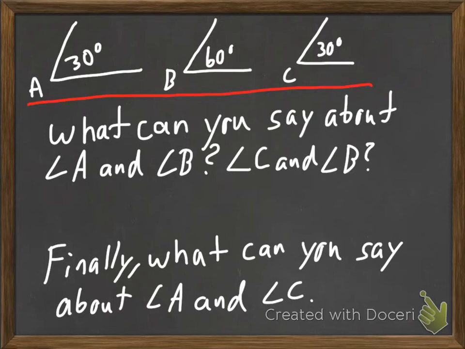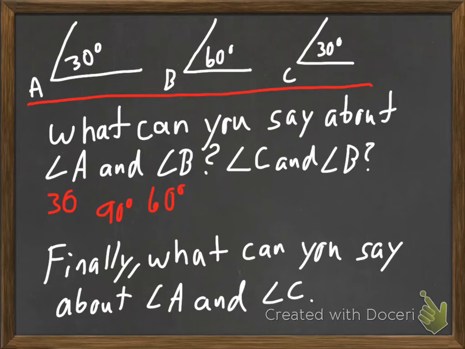Now if we look, what can we say about angle A and angle B? Well, using what we've done earlier in this lesson, we see that angle A is 30 degrees, angle B is 60 degrees. Well, if we add them together, we get 90. So we know that A and B are complementary.